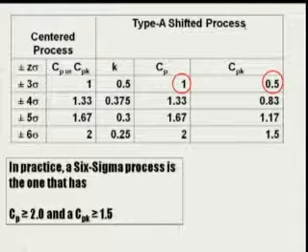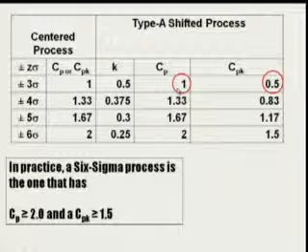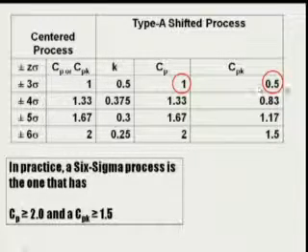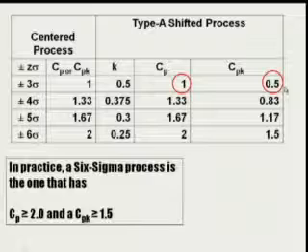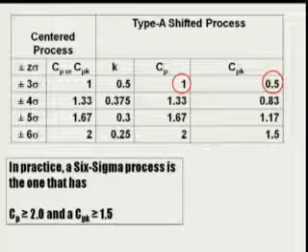If the process is shifted to the right or the left, you can see that at a 3 sigma process, we have a CP of 1, just right, but a CPK of 0.5. And we told you before that a CPK of less than 1 is not good. That indicates a process that's incapable.